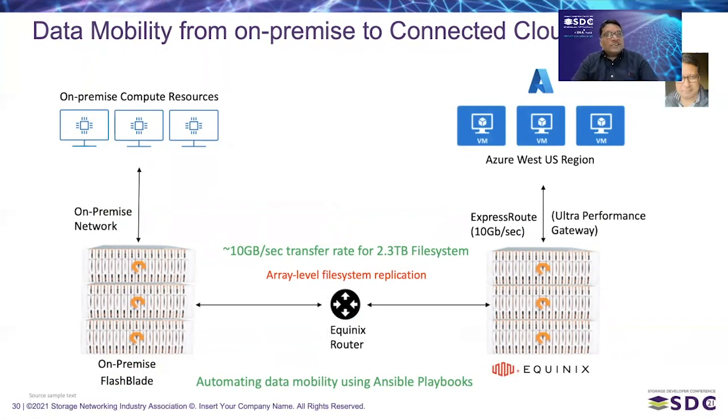And we saw about 10 gigabytes per second for a 2.3 terabyte file system replication. The speed is really fast, and internal testing has even shown us numbers like 17 or 18 gigabytes per second. But for this particular validation, we were able to get 10 gigabytes per second.